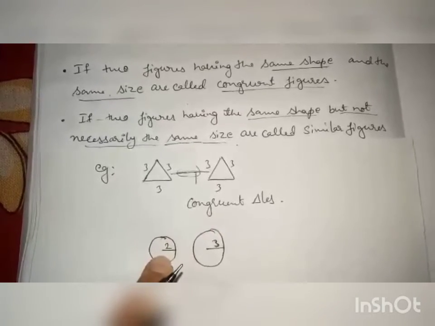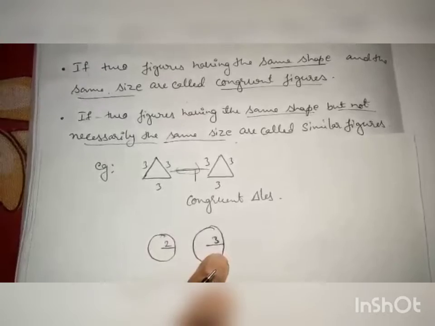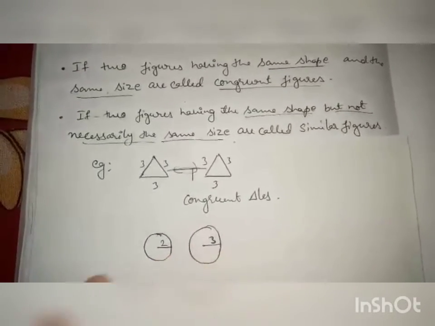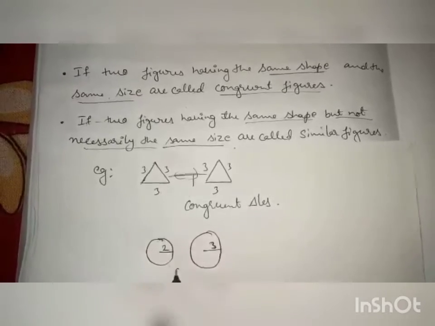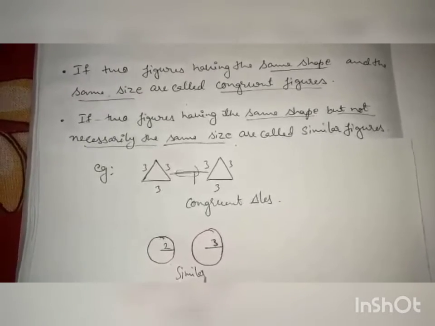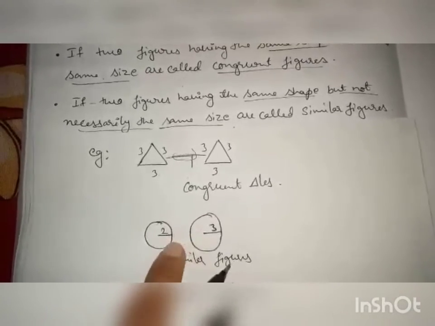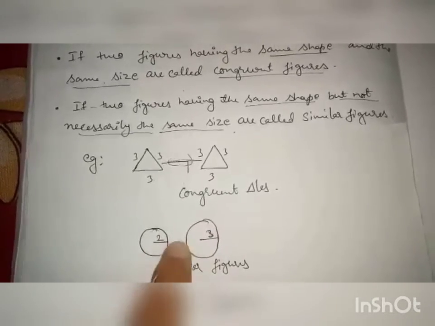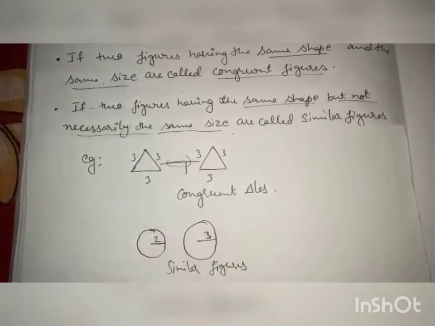This is a 2 centimeter radius, this is a 3 centimeter radius circle. So the size is not same but the shape is same. So this type is called similar figures. So are they congruent? No. For it to be congruent, it should be the same size.